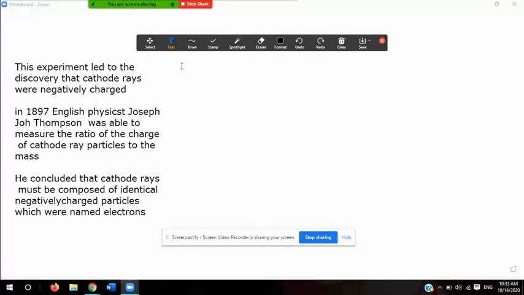Now let's talk real quick about the charge and mass of the electron. There's a lot of information here, but basically it was concluded that electrons are present in atoms of all elements.